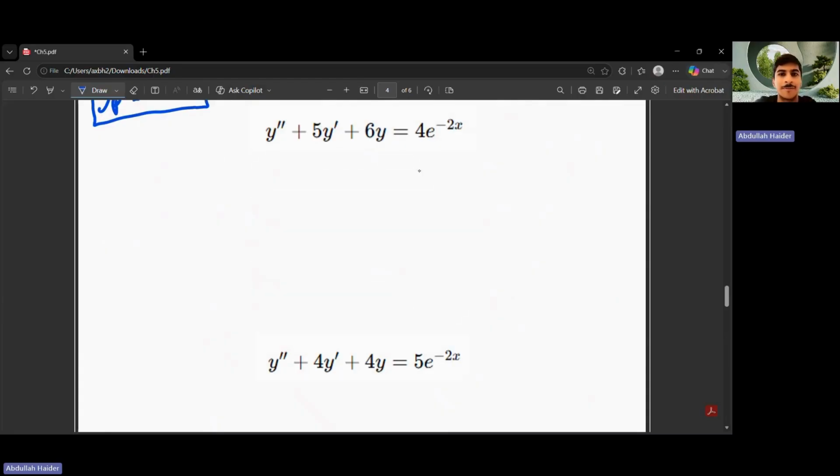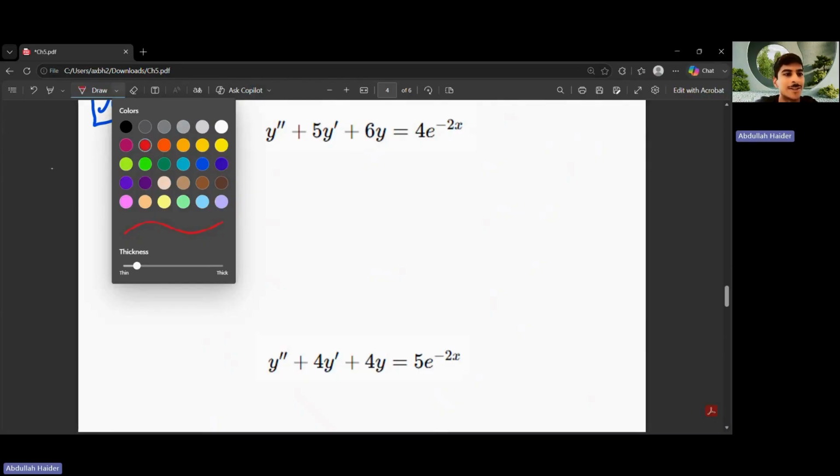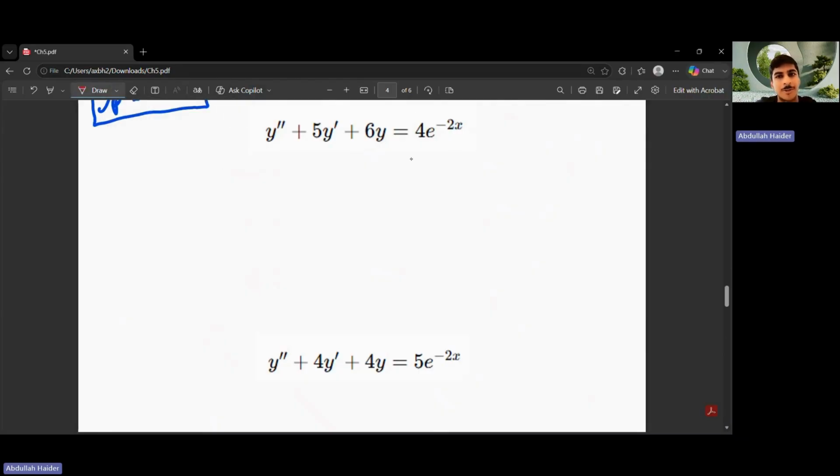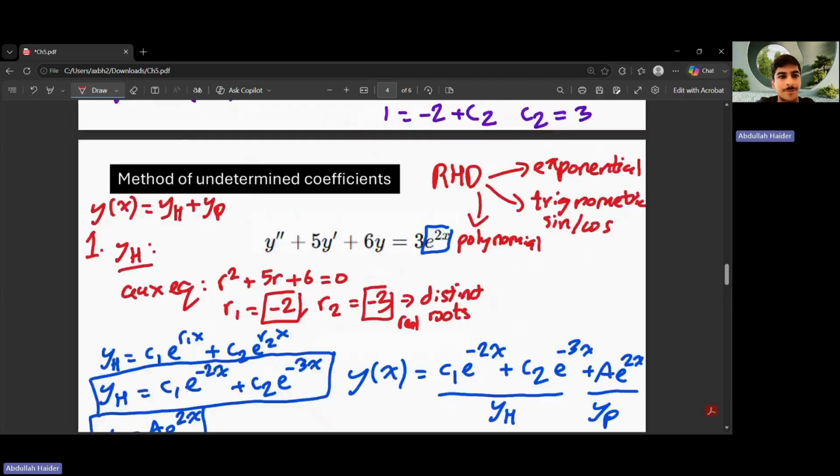So you have 4e power -2x on the right side. This is not a homogeneous equation. So what we have to do is find the homogeneous solution and the particular solution, because we have an exponential over here. So YH is going to be r squared plus 5r plus 6 equals 0, which is the same as above.